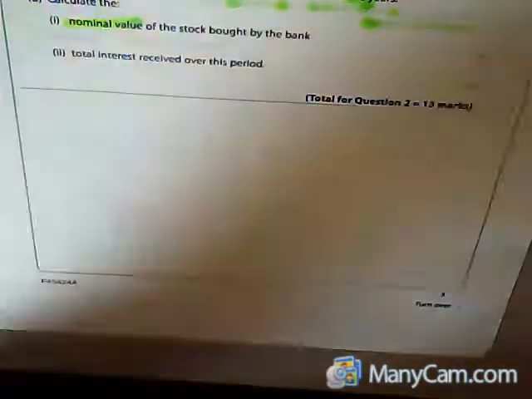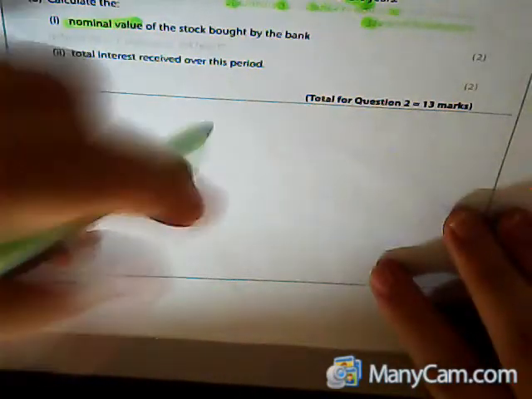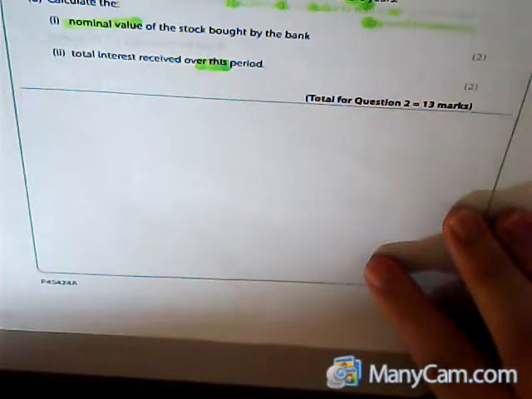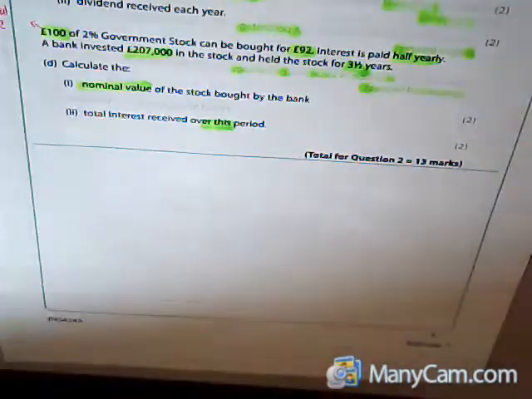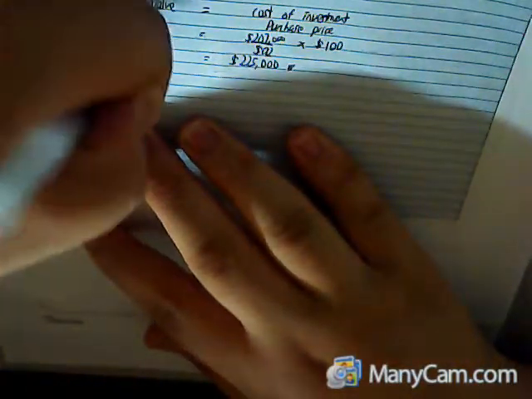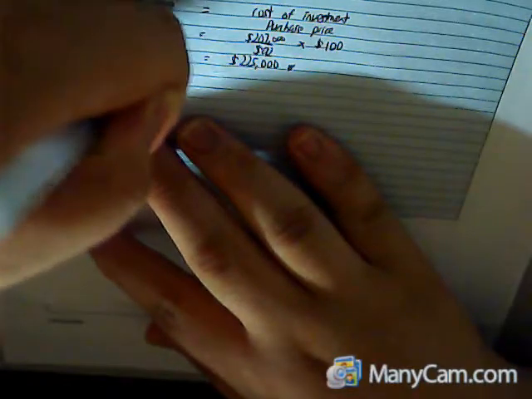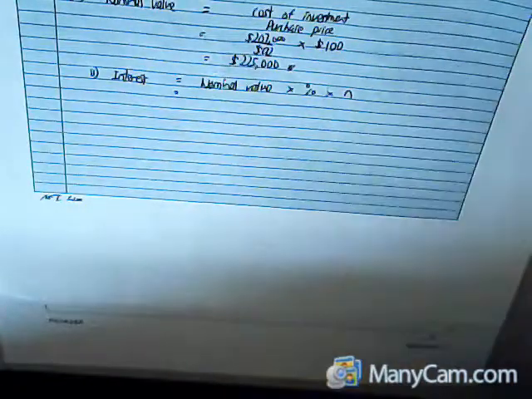Okay, now class, continue. The last one is asking for the total interest received over this period. Now, over the period means what? We look at the number of years you invested. Just now we highlighted that they invest for 3.5 years, right? Okay, so all the interest, all the dividend, is based on the nominal value, right? So this one is interest, not dividend, but the formula is the same. We use the nominal value multiplied with the percent and the number of years.